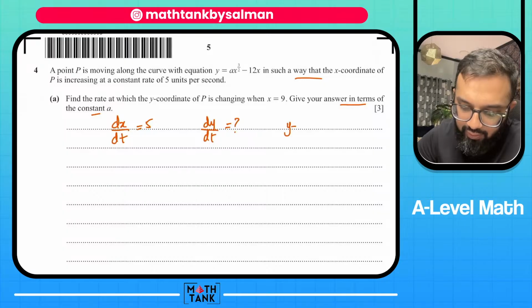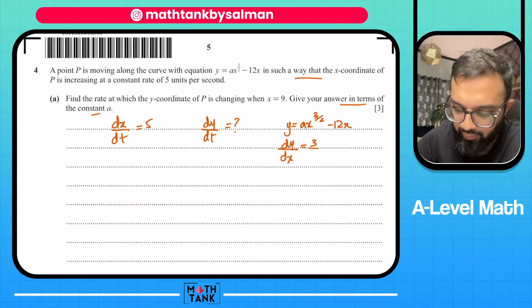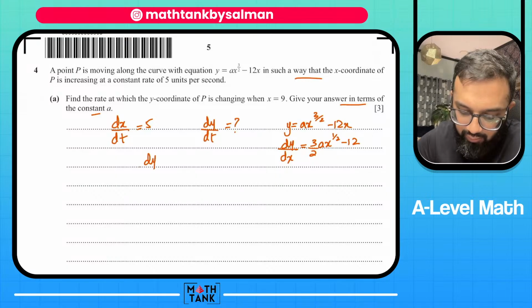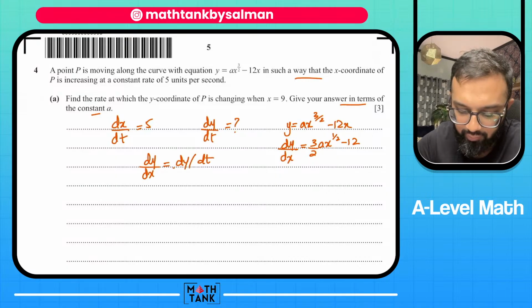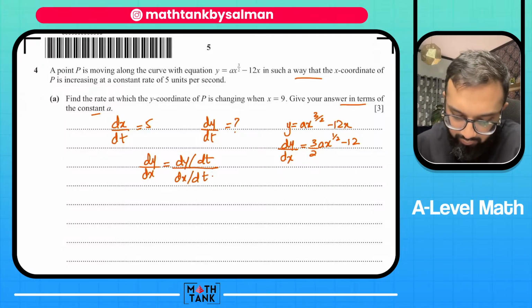So I have to first calculate dy by dx. dy by dx is 3 over 2a x power half minus 12. I write out my chain rule.